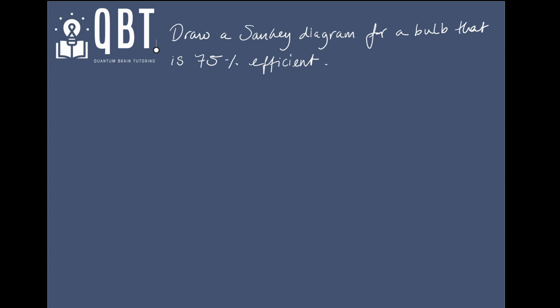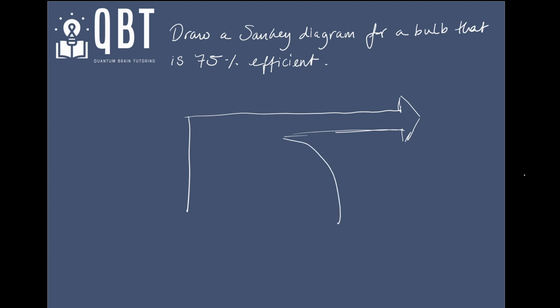So when we're drawing a Sankey diagram, we effectively have our input, and then we have our useful energy, like this. And then we also have a bit that comes down like this, which is our wasted energy. I haven't done that great, but this is the basic view of a Sankey diagram.